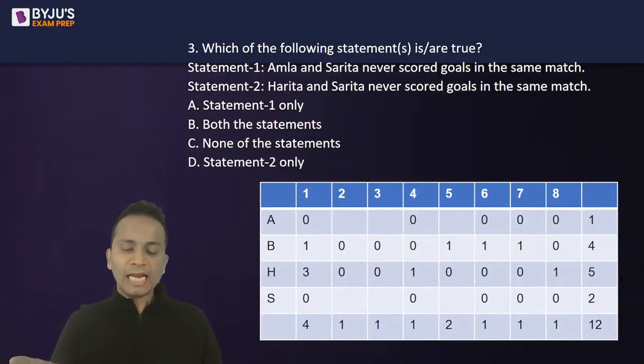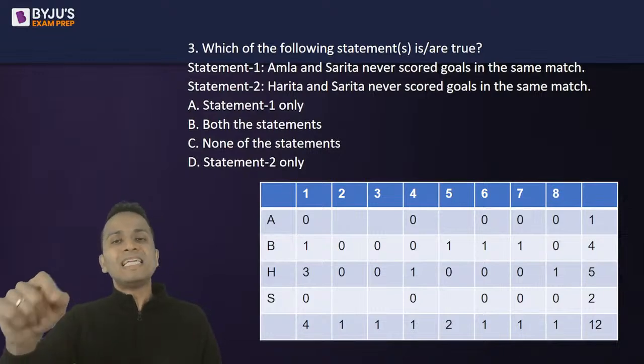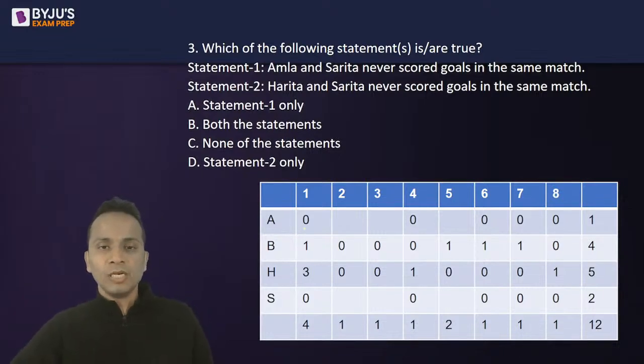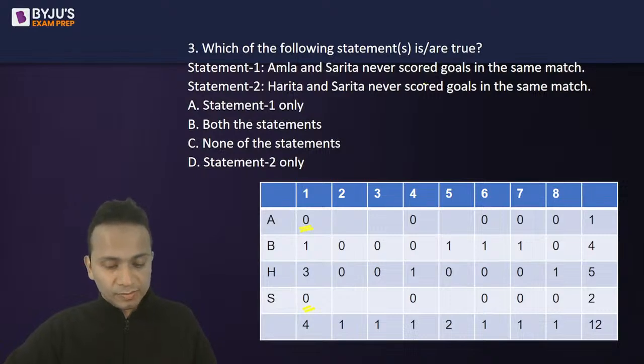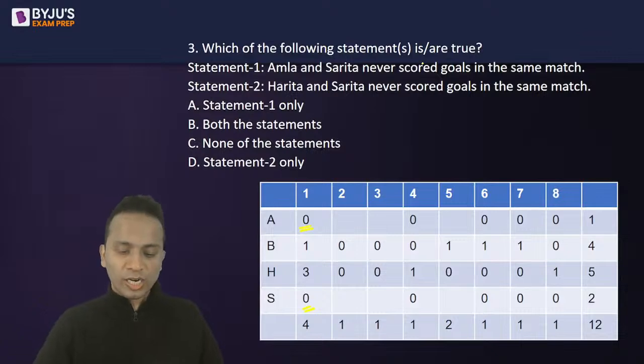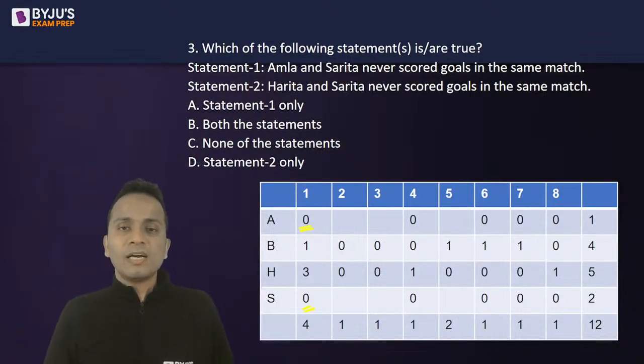So we'll have to look at the matches in which at least one of them is scoring. So they have scored 0 in the first match. Okay, they never scored goals in the same match. Fine, understood. So Harshad, I think your doubt is clarified.